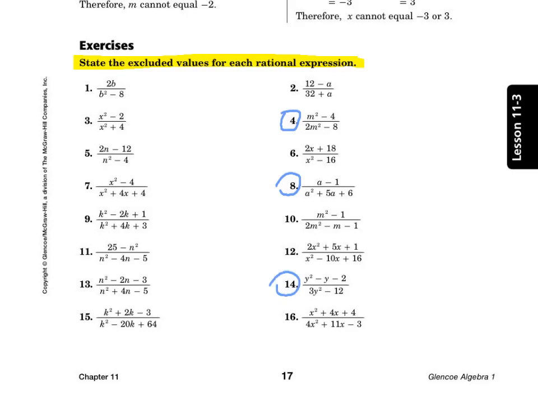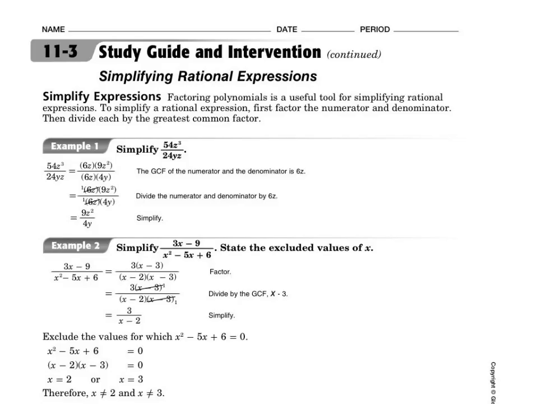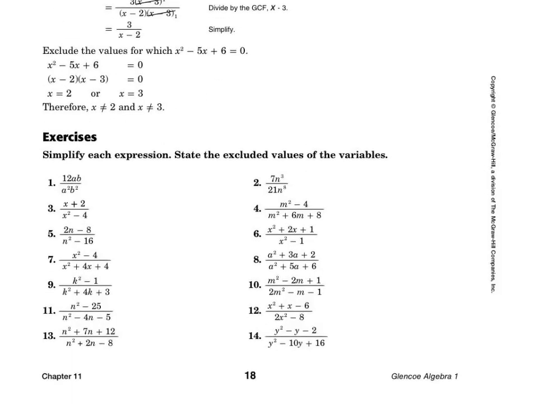Remember that for excluded values, the denominator cannot equal 0. Okay? And then on these, you will be simplifying and then stating the excluded values. Simplify and then state the excluded values. So on these, work on number 3, number 9, and number 12.